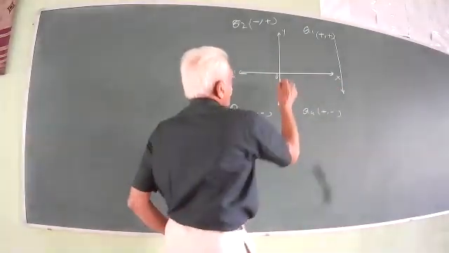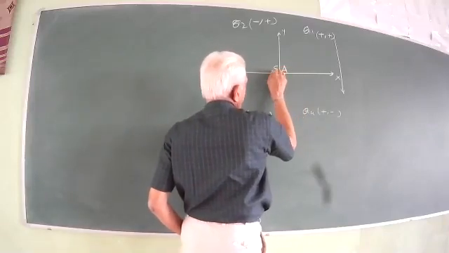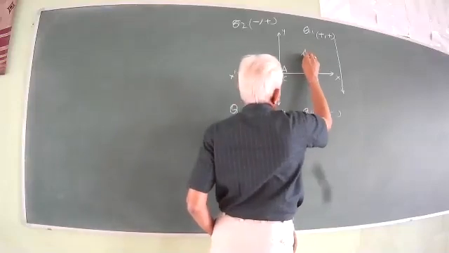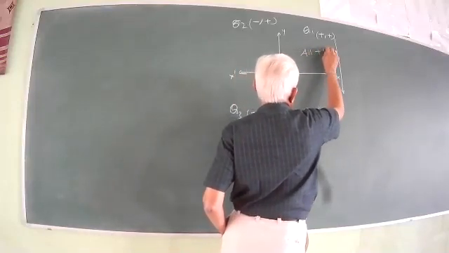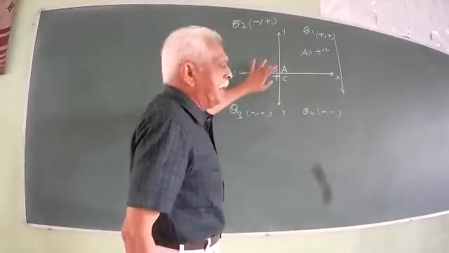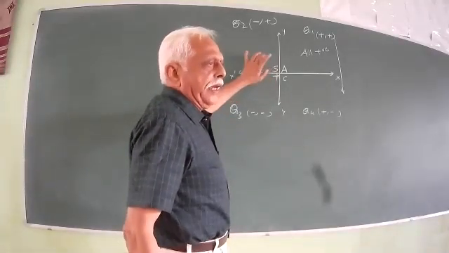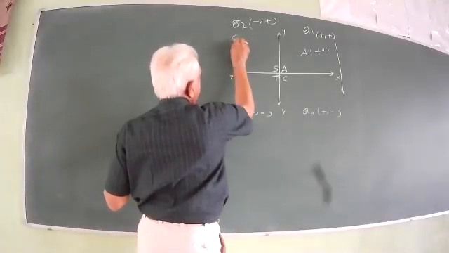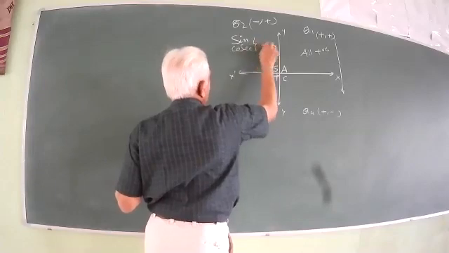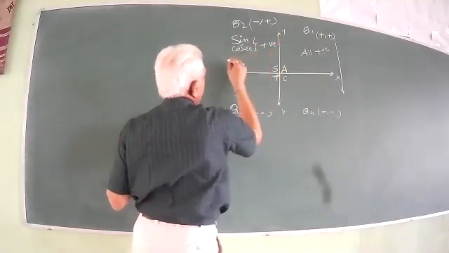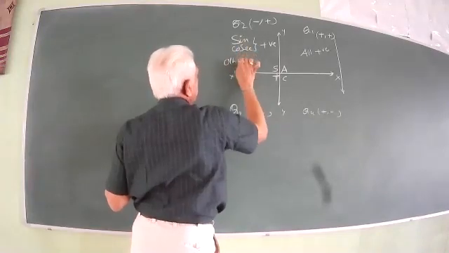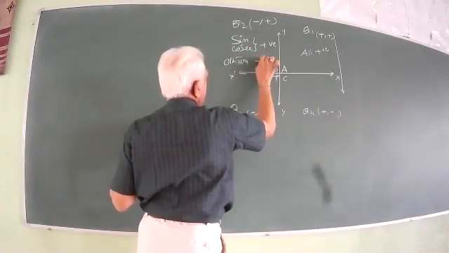Now, what is this ASTC rule? Here, all ratios will have a positive sign. S means sin. In the second quadrant, sin and cosecant are positive, other ratios negative.